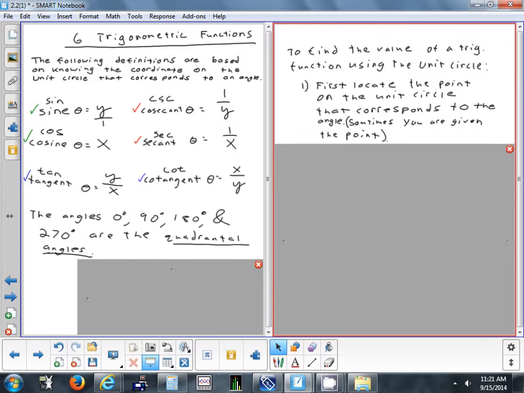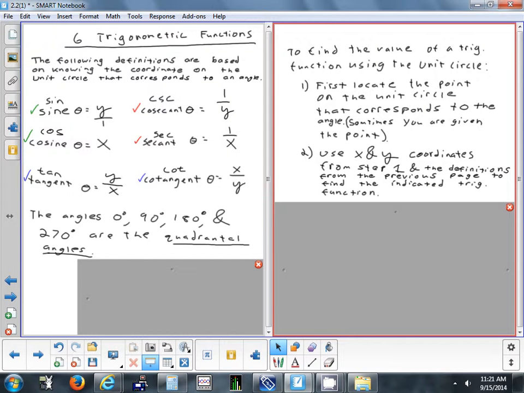Okay, so step one, find your coordinate. Step two, use the coordinate you have from step one and the definitions from the previous page, the 6 formulas, to find whatever trig function I'm asking about. On a test, I'm only going to ask you about one trig function at a time per problem.